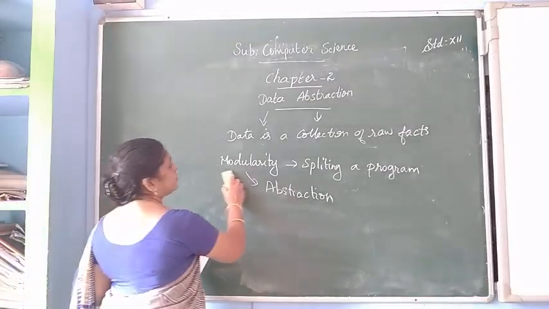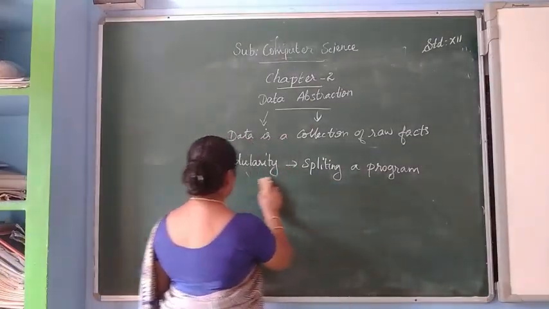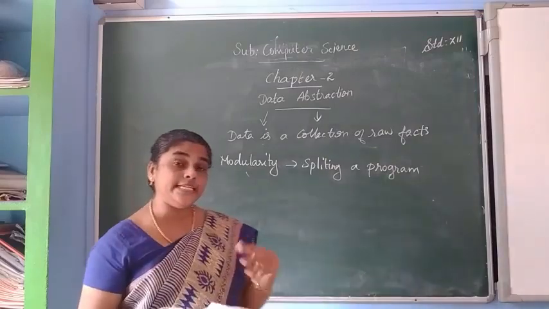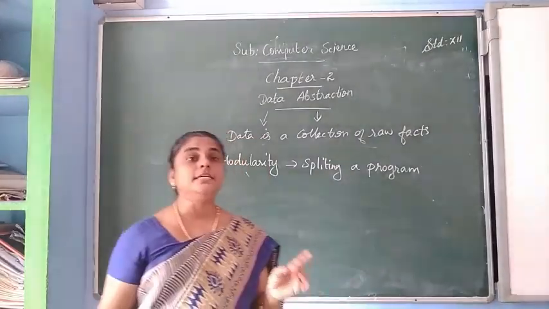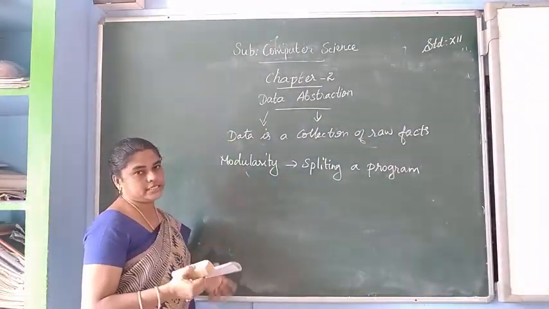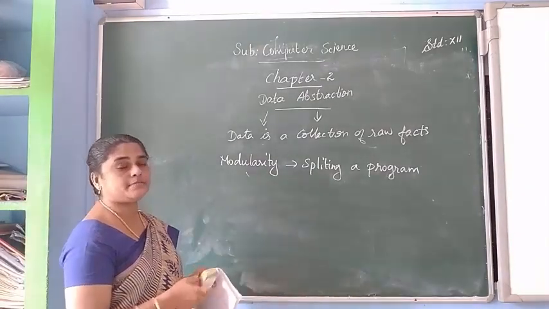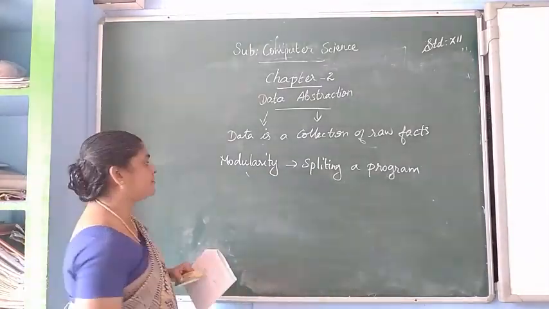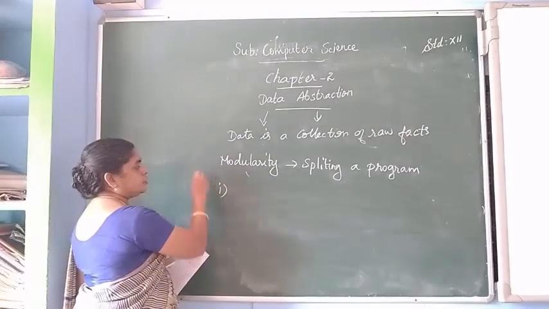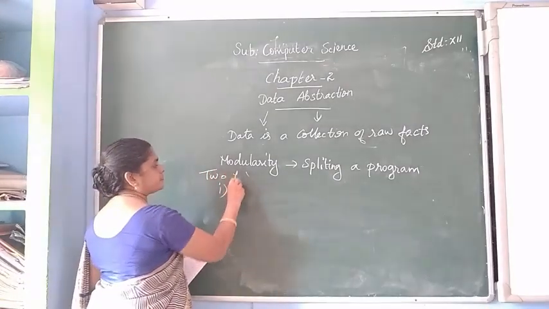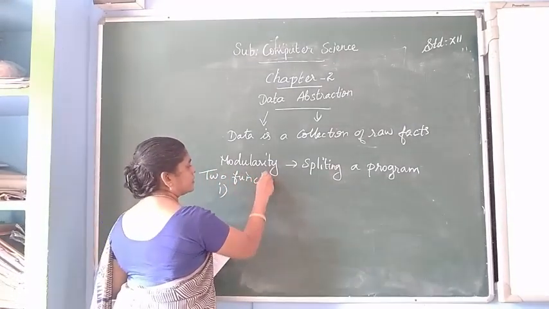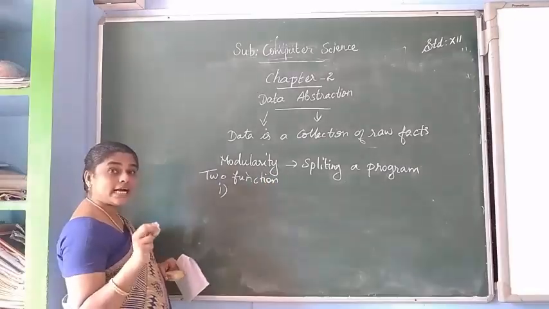Okay. Then next we are going to see, to facilitate this data abstraction, there are two types of functions. That is, first one, constructors.